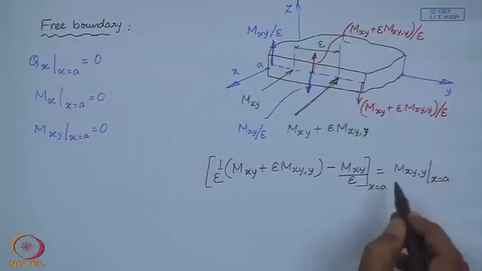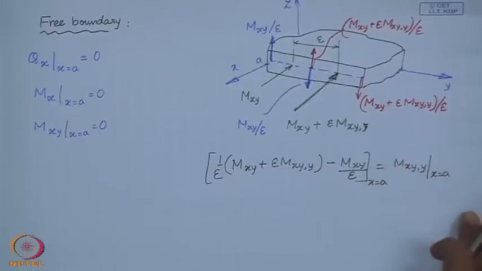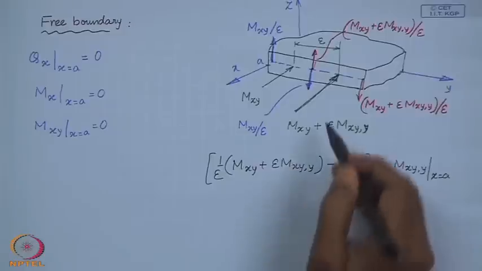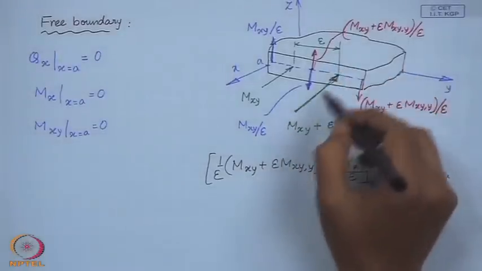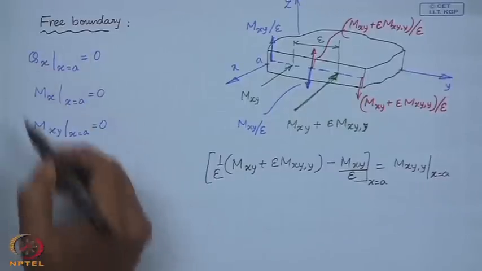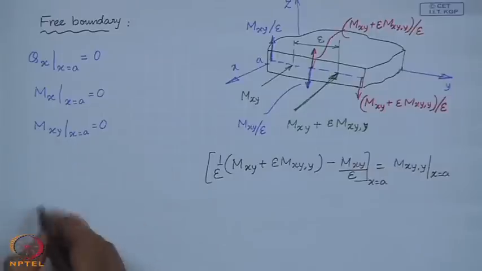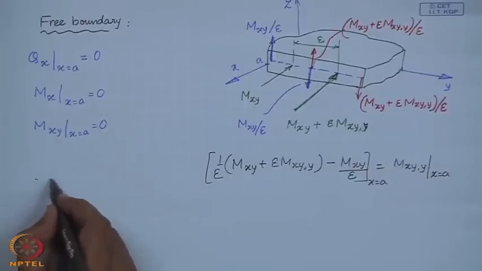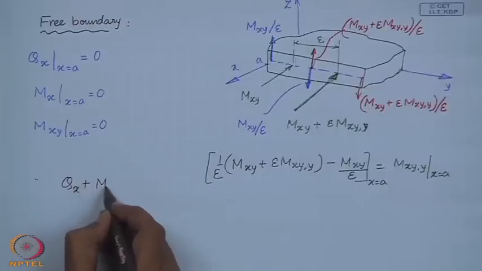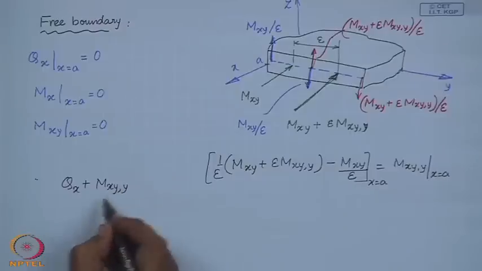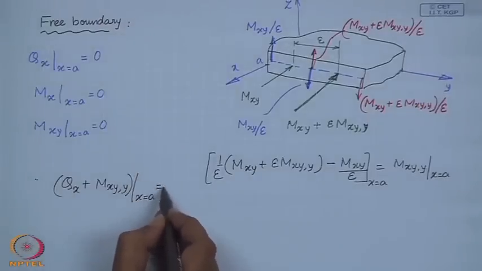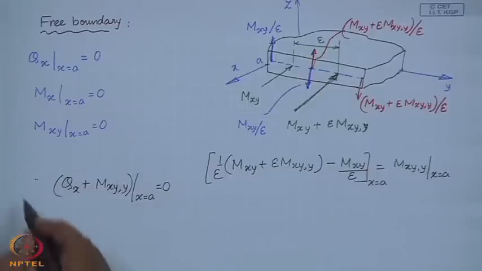So, this is an additional edge resultant force in the transverse direction, which is same as q x. So, we can combine now, this must be 0.